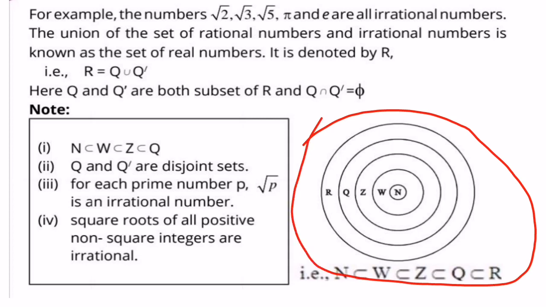natural number is a subset of whole number. Whole number is a subset of integer, and integer is a subset of rational number, and rational number is a subset of real numbers.